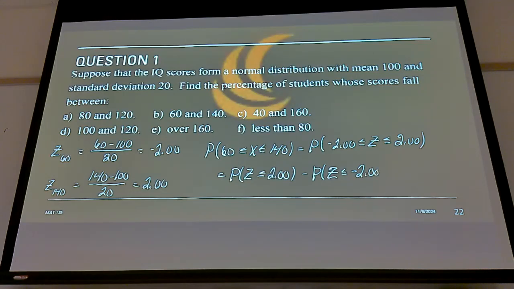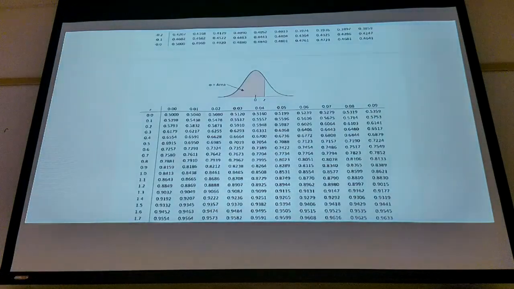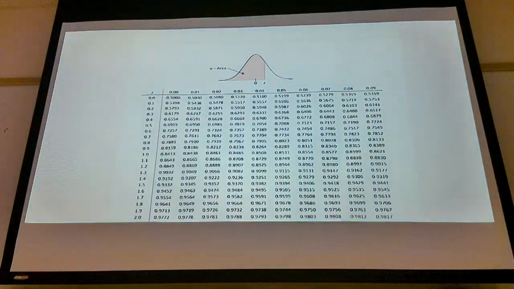That's the difference we're looking for based on our chart. z of 2.00 is 0.9772.